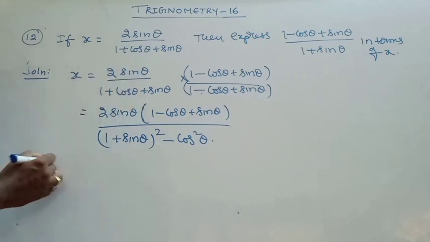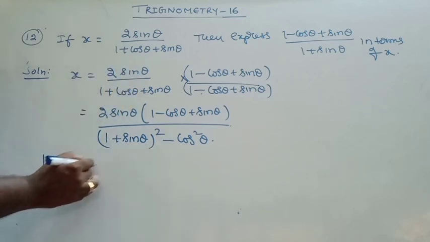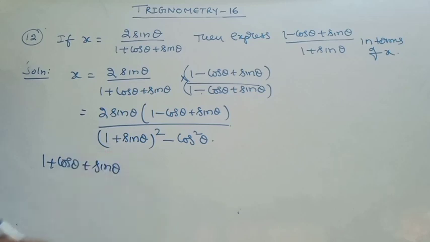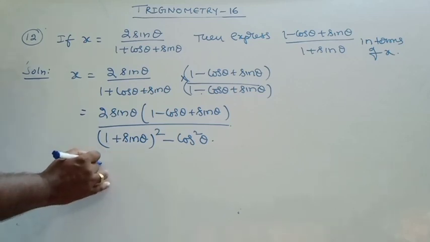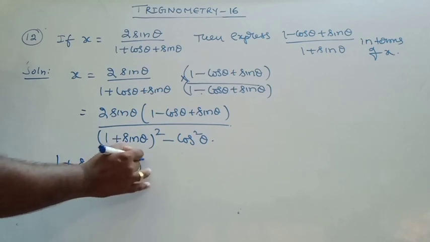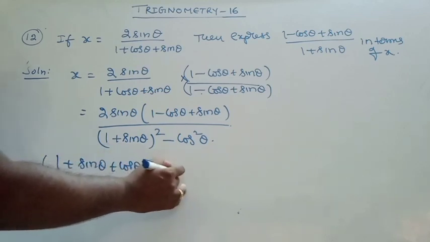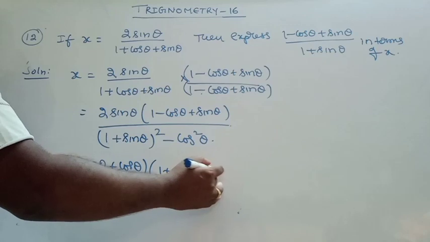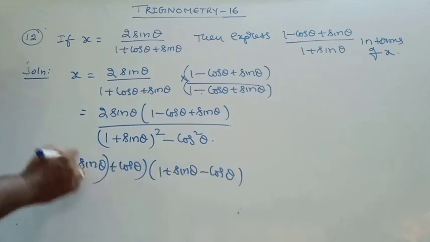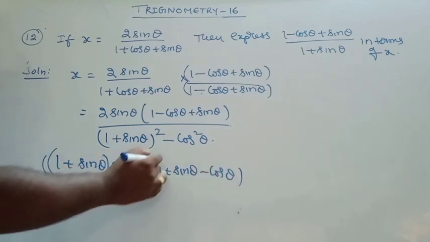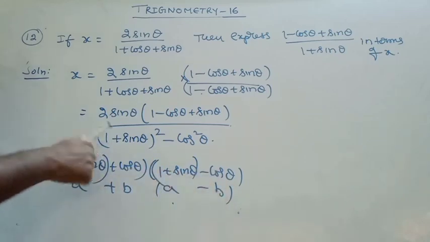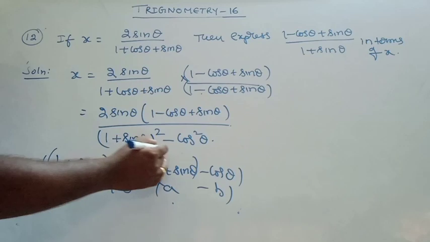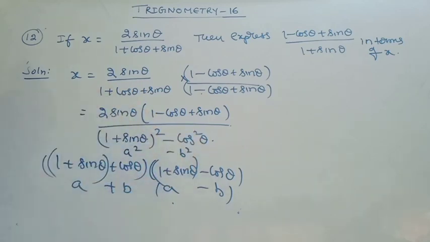You see here 1 plus cos theta plus sin theta, we can write as 1 plus sin theta plus cos theta into 1 plus sin theta minus cos theta. Now this is a plus b and this is a minus b. A plus b into a minus b is a square minus b square, like this we have written.